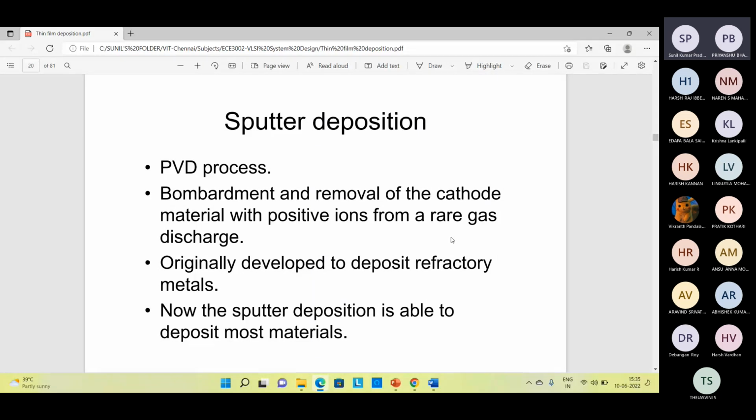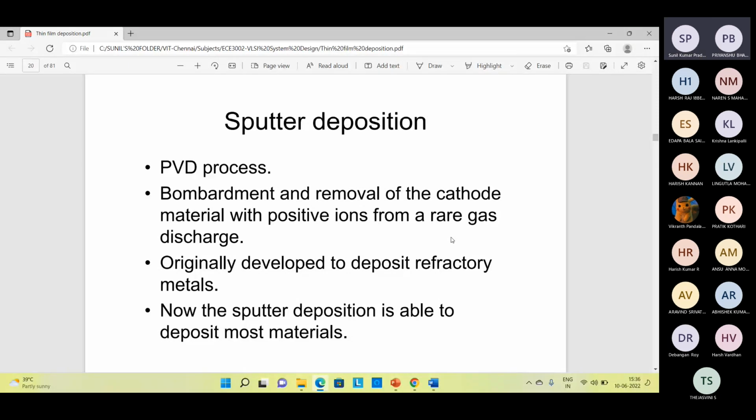This argon, when introduced in the vacuum system, becomes ionized with the application of the electric field, and these ions become positive ions. As it is positive, it is attracted towards the cathode material, which is our target material. The energy of the ions is so high because the ion is positive and our target material is negatively charged, so that is the cathode metal.